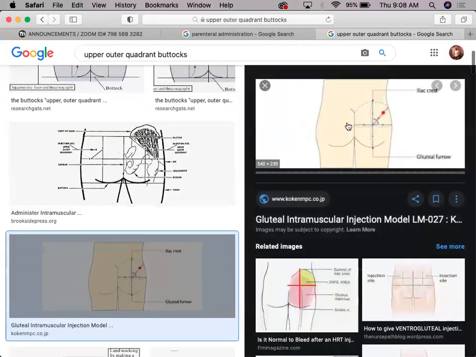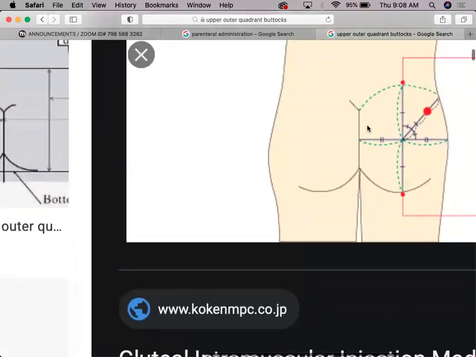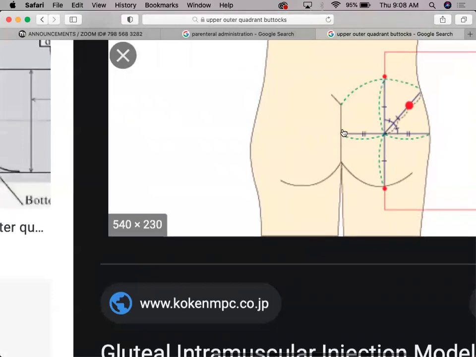Let's look at this. You could separate it into 4 regions like this. Now, your sciatic nerve runs from here, your spinal cord, and goes like this. And that's the reason why we like only the upper outer region, so it'll avoid the sciatic nerve.